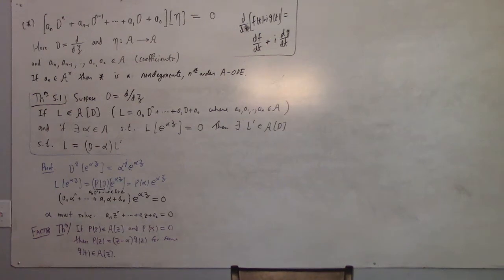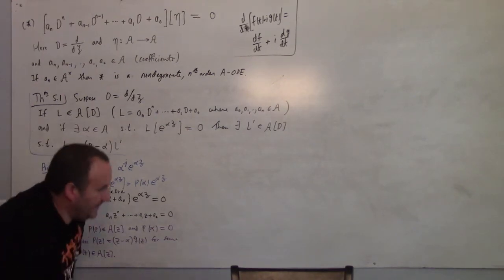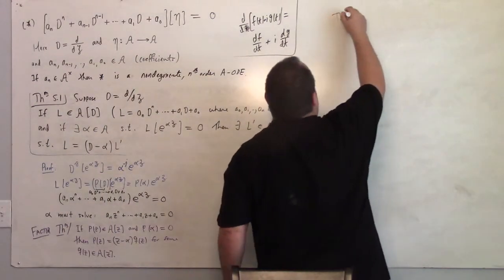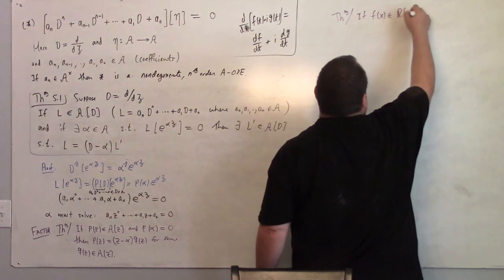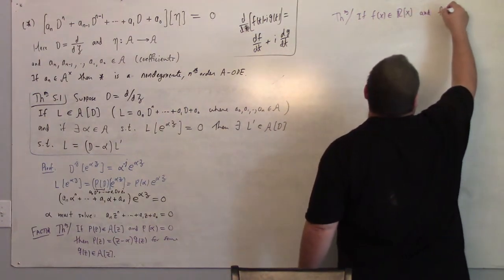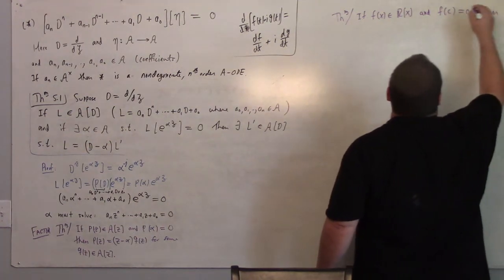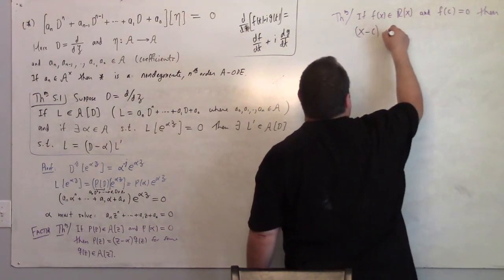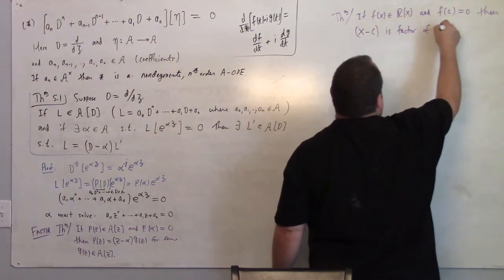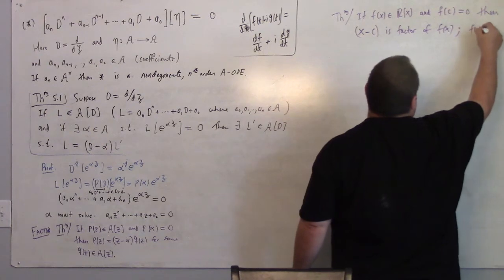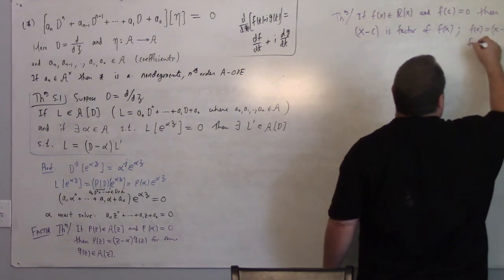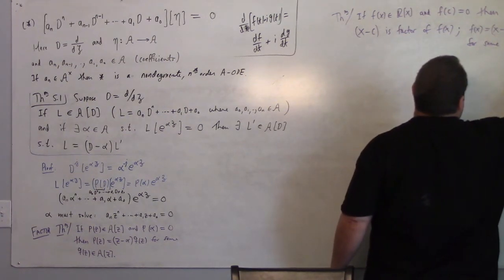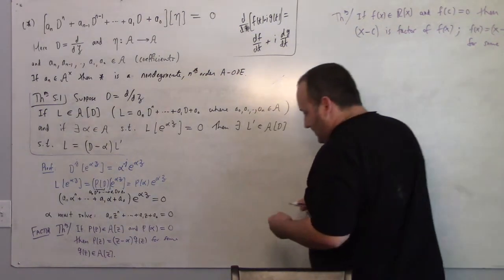The theorem: if f of x is an element of polynomials in x over R, and f evaluated at c equals 0, then x minus c is a factor of f of x, meaning that f of x is equal to x minus c times g of x for some polynomial g of x. Right?